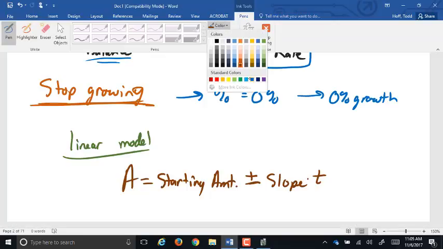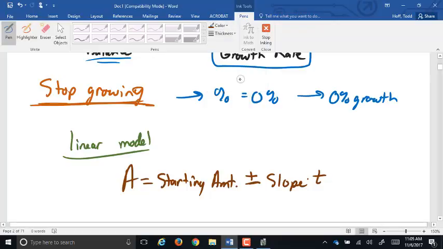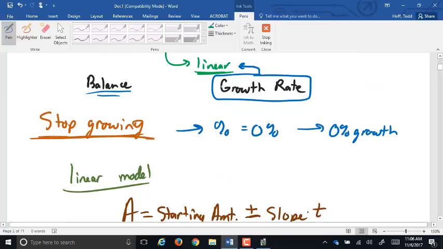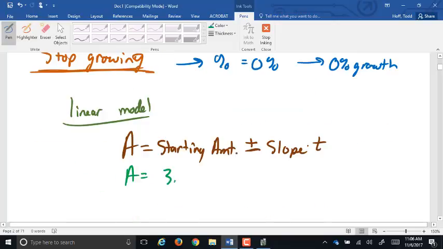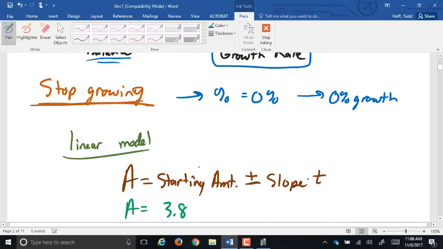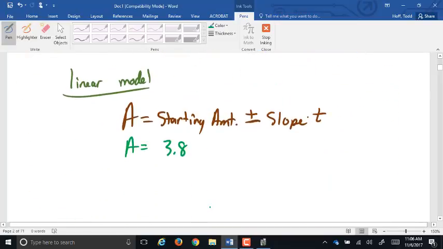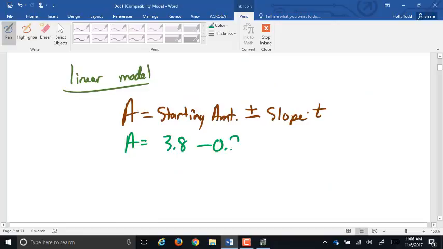So what is the starting amount in this model? Well, what was in 2013, what was the value of the growth rate? 3.8, there we go. And now, is it increasing or decreasing? There we go, yes, it's minus 0.2 times t.